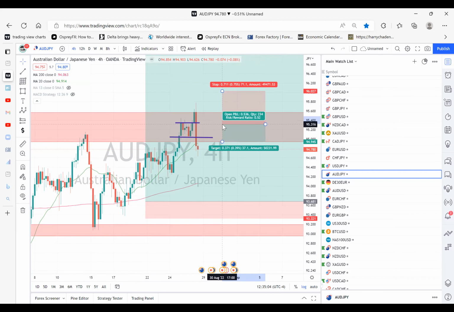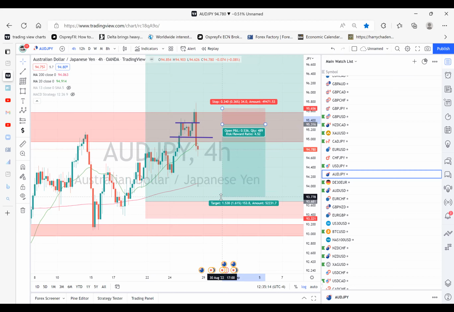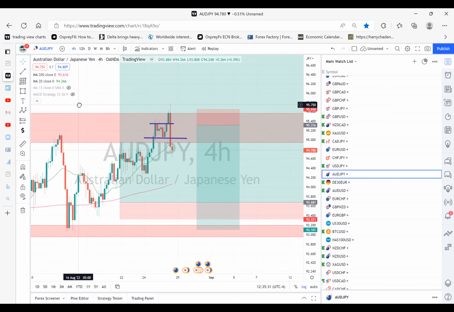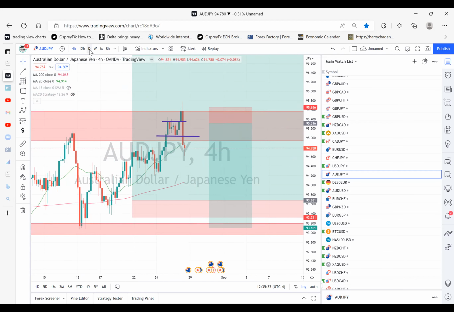So it's gonna sell where? To 93,130, about there. That's the first golden zone.